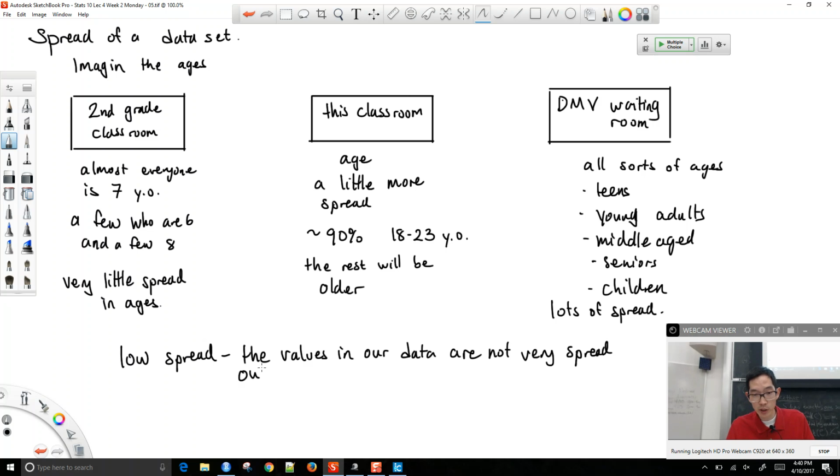Like if we were to create a dot plot, they all kind of show up in the same area. The values are not very spread out, or another way to think of that is the values are similar to each other.